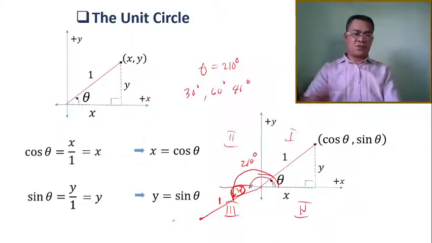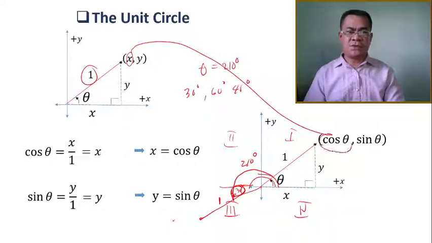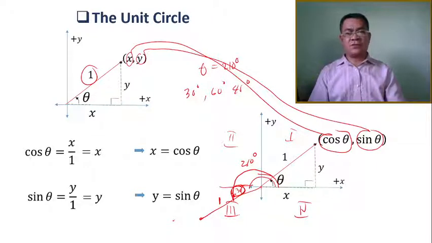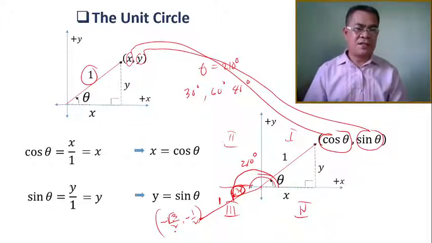We call it a unit circle, so we can apply its principle: if the radius is 1, x becomes cosine and y becomes sine. Since the acute angle is 30 degrees and it is in the third quadrant, the coordinates are negative square root of 3 over 2 and negative 1 half, because in the third quadrant all components are negative.